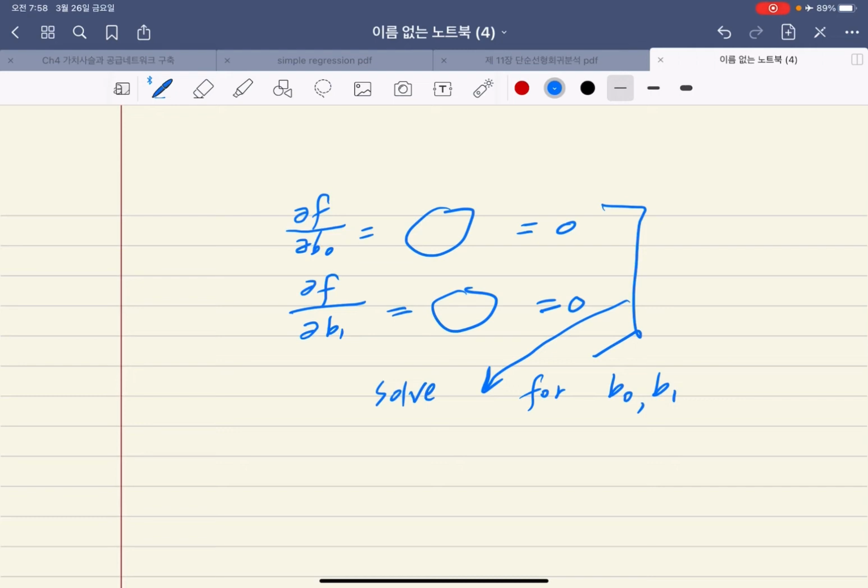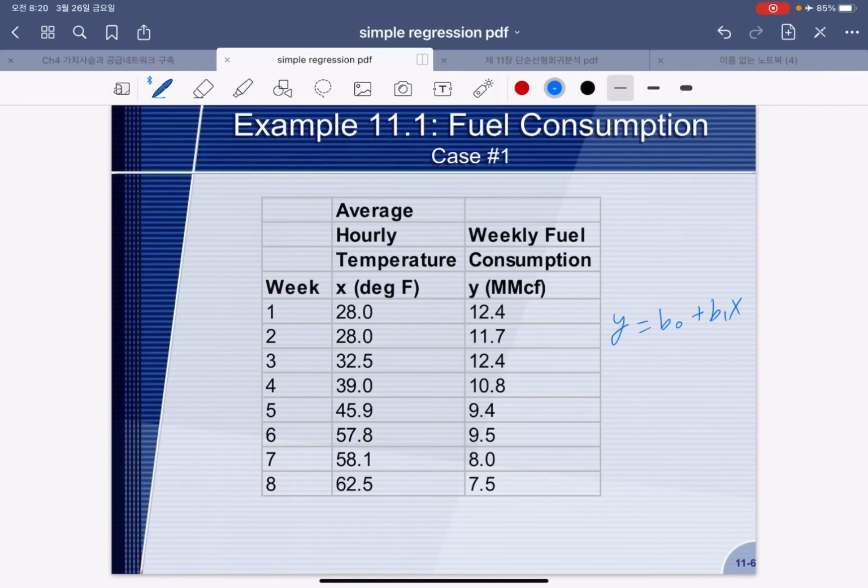Now let's go back to the PowerPoints. Instead of going through the complicated computation part, I'm going to show you how to get b0 and b1 by using a computer software package.